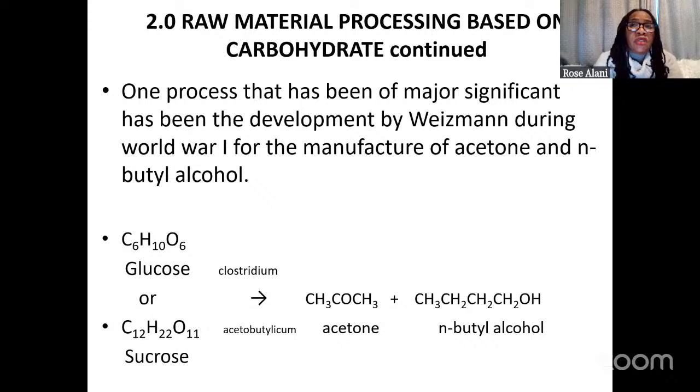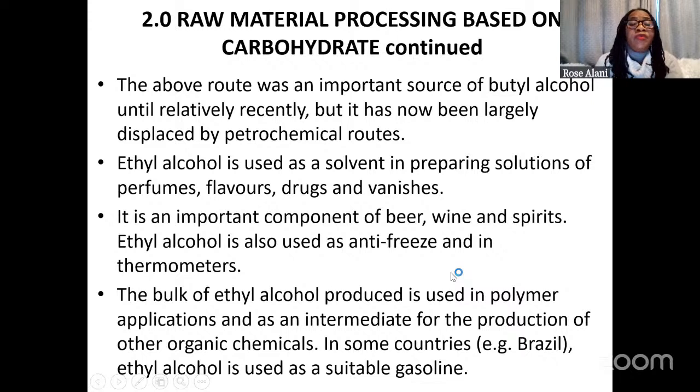From glucose, obtained from starch and cellulose, you use the microorganism Clostridium, and then you obtain acetone and n-butyl alcohol. This route was an important source of n-butyl alcohol until recently, when it was displaced by petrochemical routes.